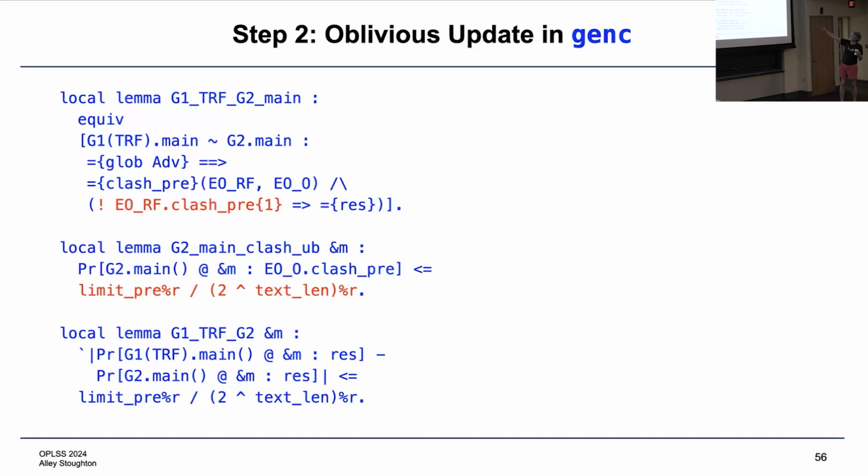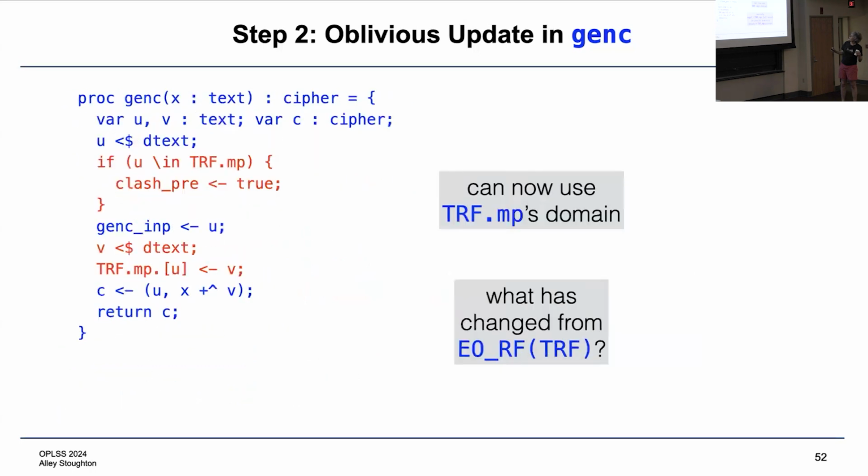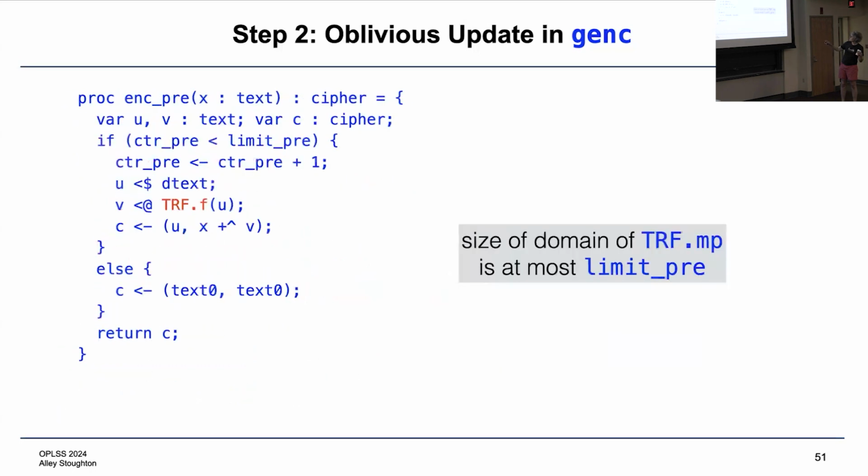So, as long as the clash doesn't happen, everything is great. If it did happen, well, then we don't know anything at all. And then we can upper bound the probability that the clash does happen to be what? Well, limit over 2 to the text len. And that's because, if we go back for a second, how big can this get?